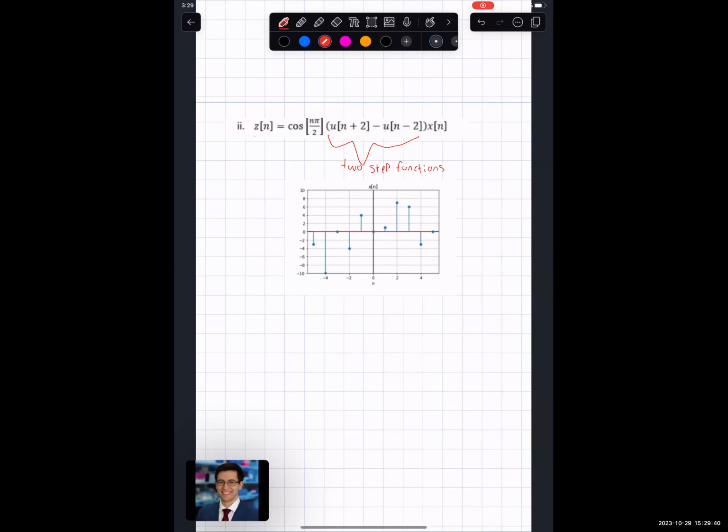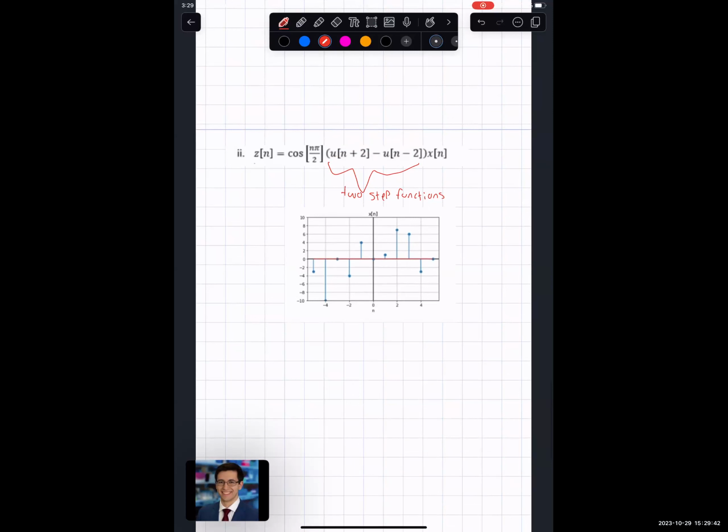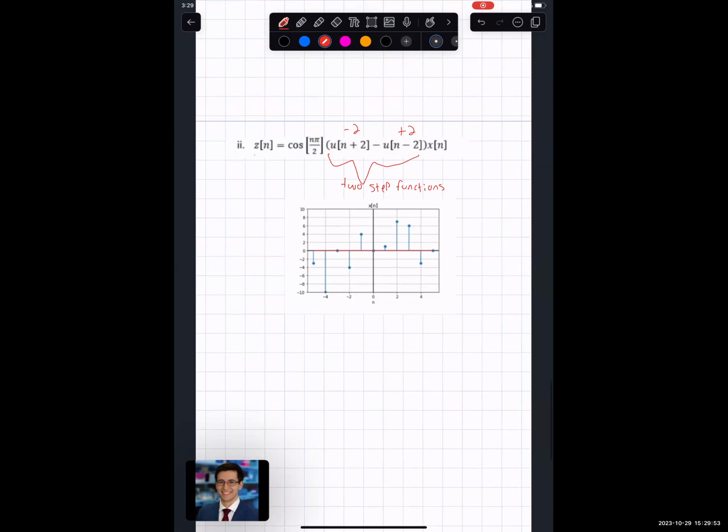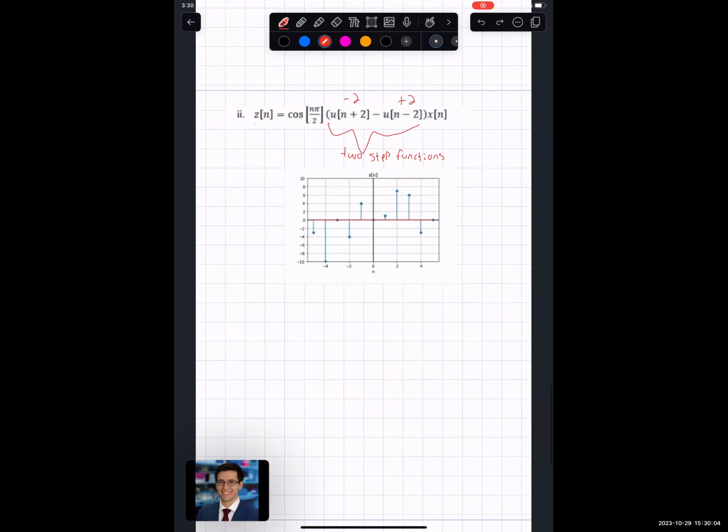We'll draw them out later, but conceptually, basically we have a +2 here and a -2 here. So what this is saying is, we really care about the region from -2 to +2. And then we're going to multiply it by a cosine function that's dependent on the n. So we're going to also multiply it by that, okay?